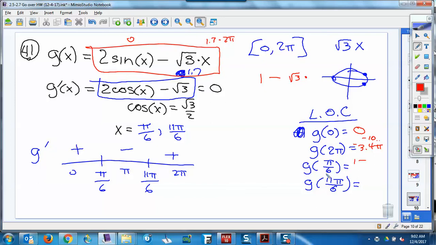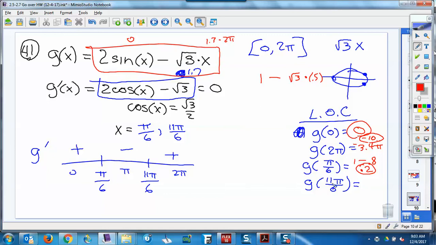Pi is about 3, 3 over 6, it's about 1/2. So this is 0.5. Okay, so square root of 3, 1.7 times 0.5, about 0.8, 1 minus 0.8, roughly. So this is about 0.2. Okay, so we got about negative 10 something, we got 0.